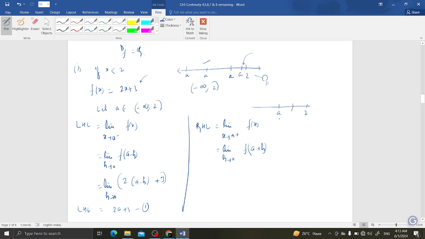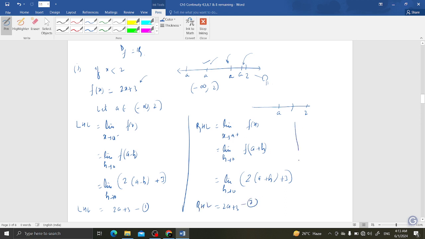So a plus h should be here, but before the 2. For every a which is on the left side of 2, we have a plus h also on the left side of 2. So again 2 times a plus h plus 3, and if we apply the limit we get 2a plus 3. That is your RHL, second equation.